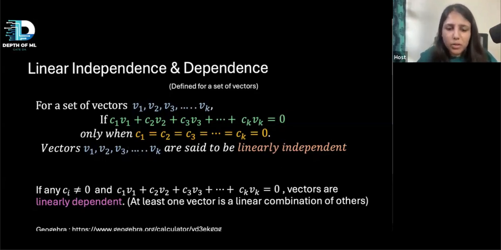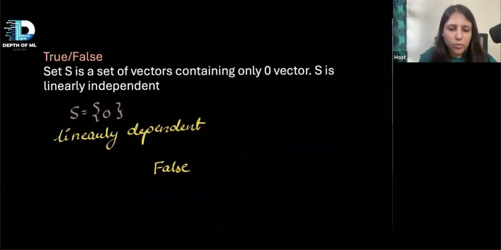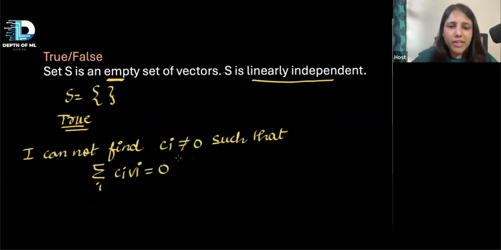So if I cannot find any Ci which is non-zero and the equation still adds up to 0, then the set of vectors is linearly independent. Now in this empty set, I don't have any vector at all, so I cannot even find a non-zero Ci that gives me a 0 vector. So this set is linearly independent.